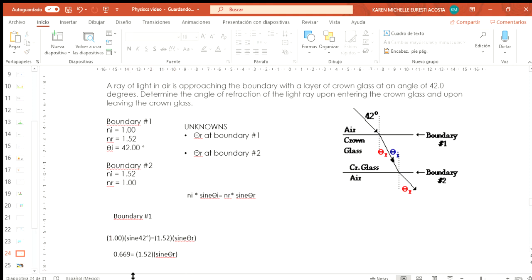Now we pass this dividing, because on this side it is multiplying, so on the other side it will be dividing.